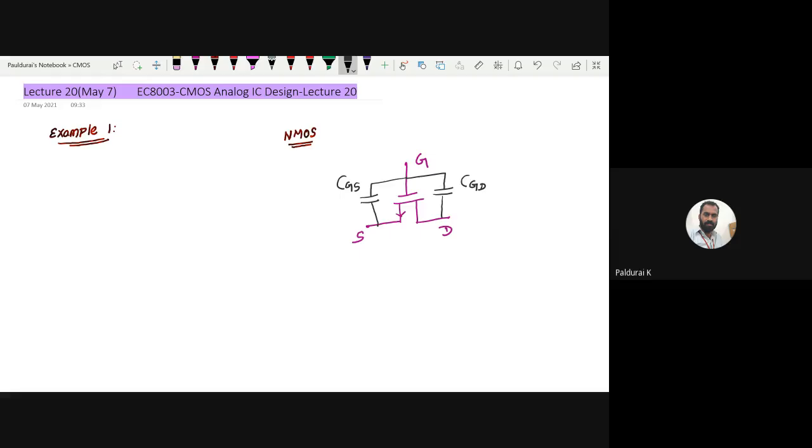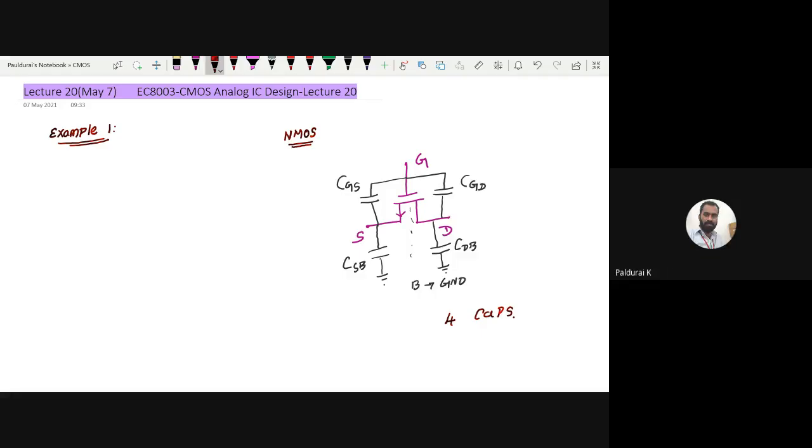Is there any other capacitance? Totally four terminals, right? Here we have the bulk, which is connected to ground. Source to bulk, one capacitor, that is called CSB. Drain to bulk, one capacitor. So totally, it is very important, four caps are associated with a single MOSFET.